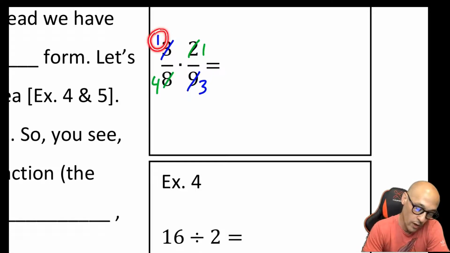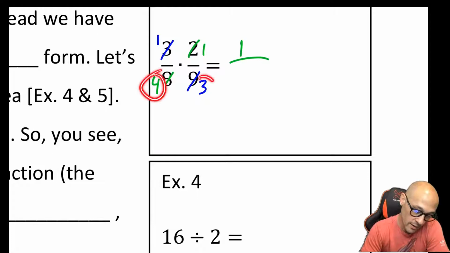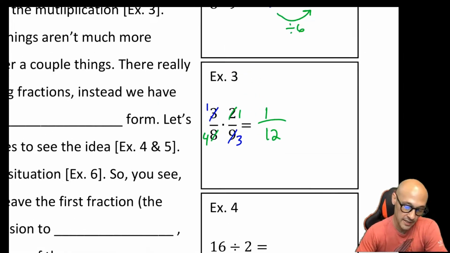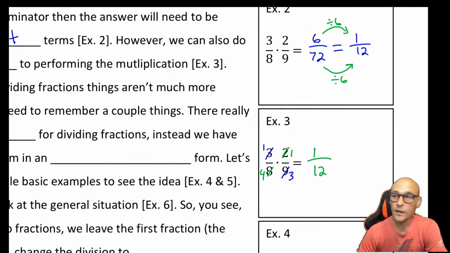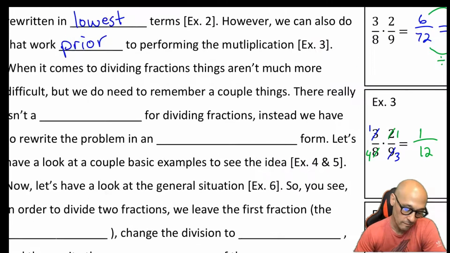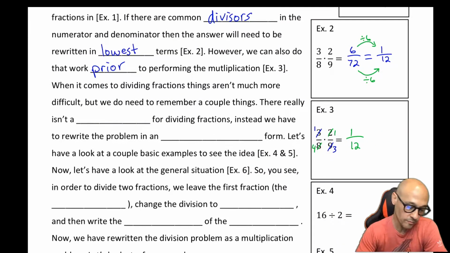Now we multiply 1 times 1 to get 1 over 4 times 3 to get 12. I think it's actually easier to do that rewriting in lowest terms before we get to the multiplication, but you can decide for yourself.